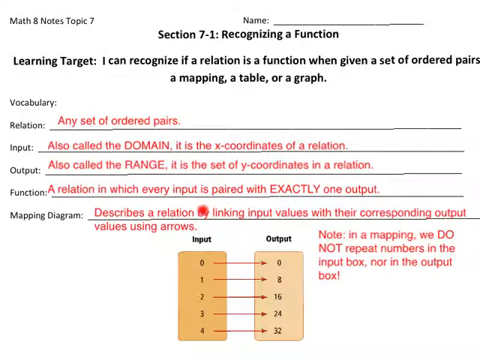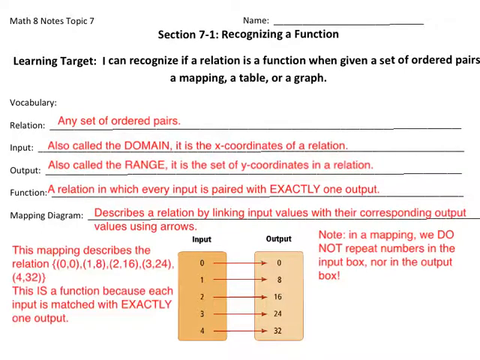So let's talk about this a little bit more. This mapping diagram describes the relation 0, 0. So that's the first point, 0, 0. Remember, inputs are your x's, outputs are your y's. So we have 0, 0. We have 1, 8, because here the input is 1, the output is 8.